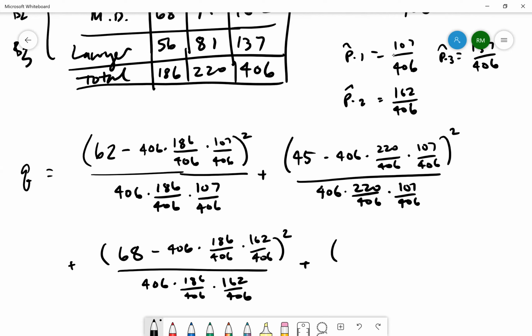And then let's do MD introverted. So the probability of introverted times the probability of an MD, observed anyway.